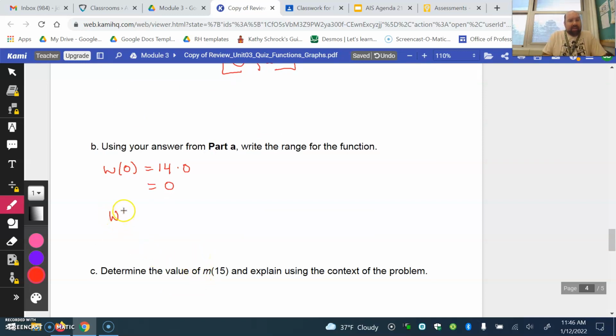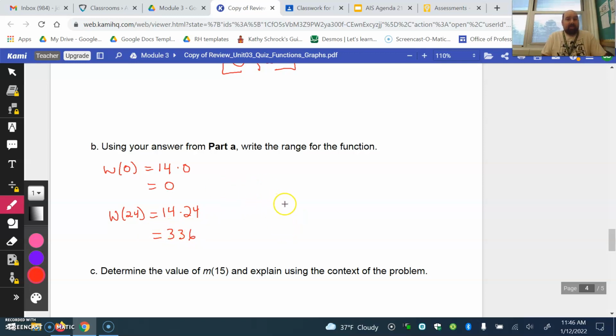If I plug in the maximum, which is 24, because remember, his parents don't let him work too much, you multiply 14 and 24, and you get 336.